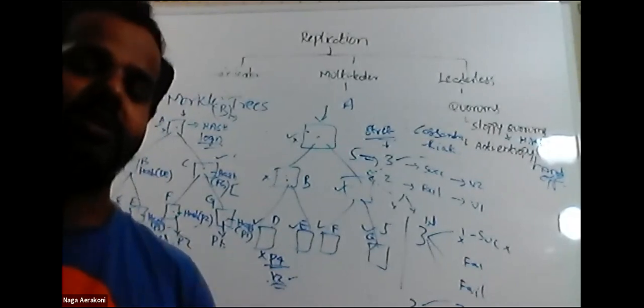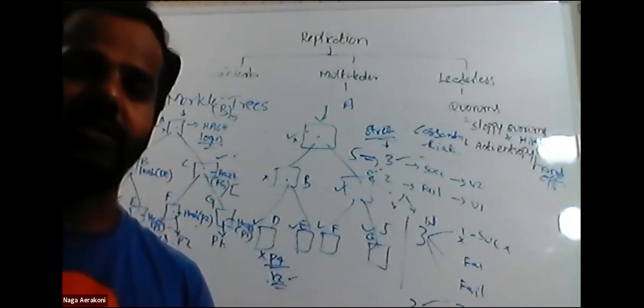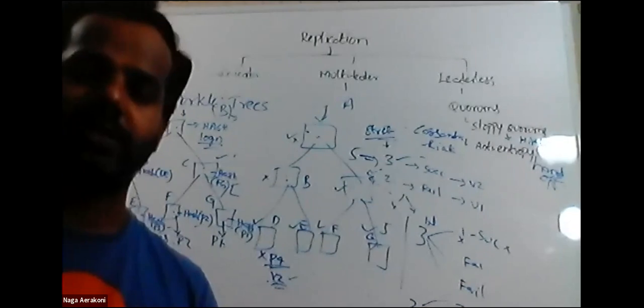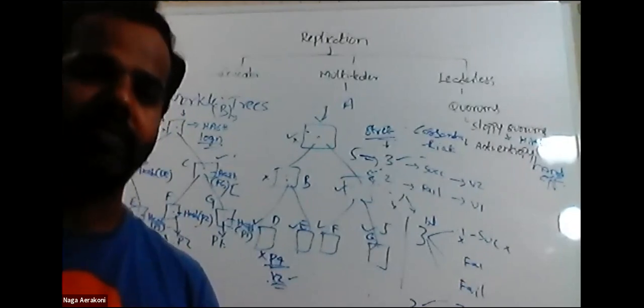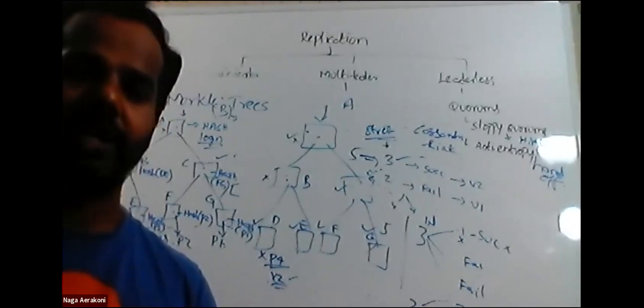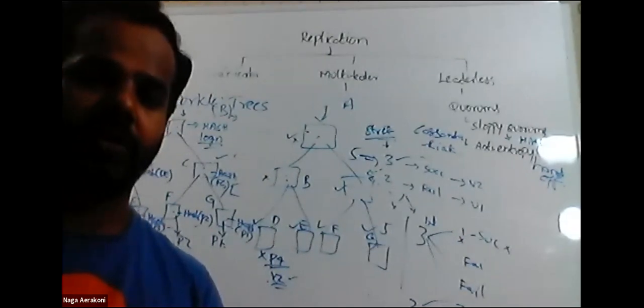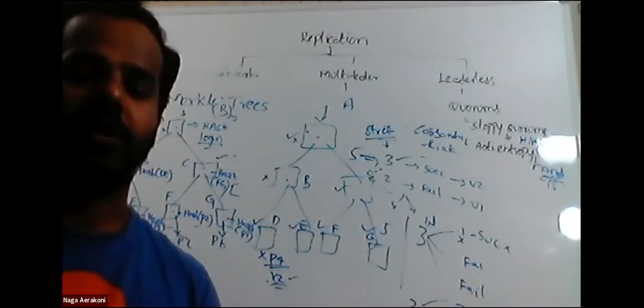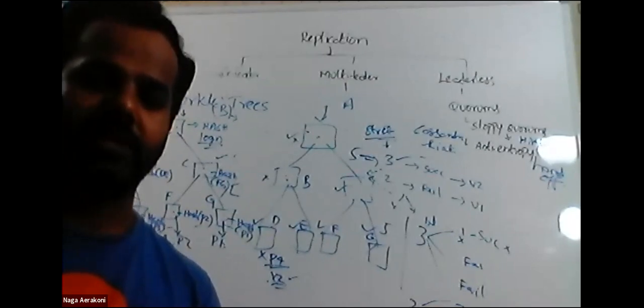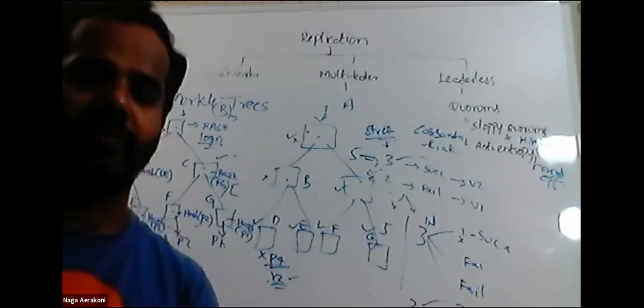It's good to start from the foundations. Or you can directly browse articles in Google for these topics, like single leader replication, multi-leader, or leaderless replication. You get tons of articles. I think if you read that also, you'll be clear, and at least you can remember this.